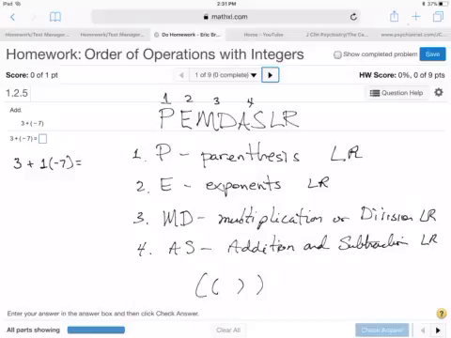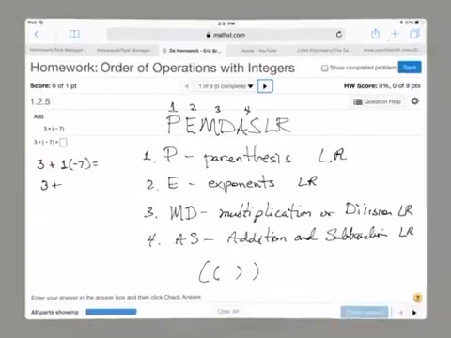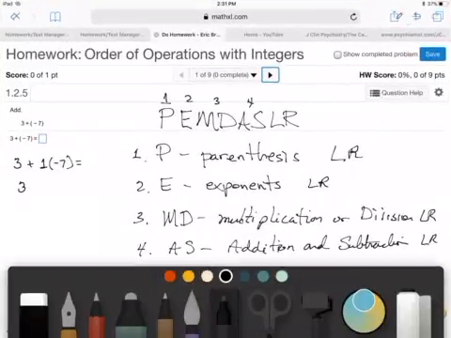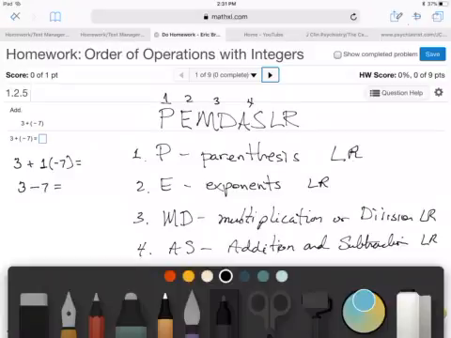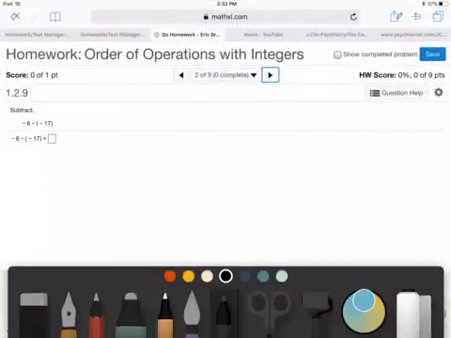So we're going to deal with the 1 times a negative 7 first, and we don't do any addition yet. A positive 1 times a negative 7 gives you a negative 7, or minus 7. So you have 3 minus 7, and we know that's a negative 4. So that's how you treat that.